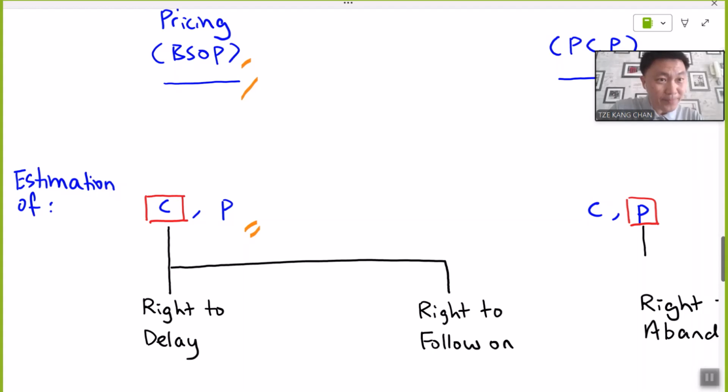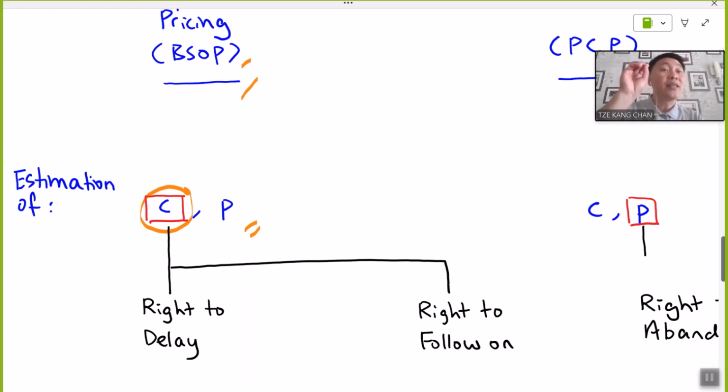As you can see, BSOP may be used to estimate either the value of call or the value of put. In the context of the AFM exam, it is primarily the call option that will be valued using the BSOP instead of the put option.